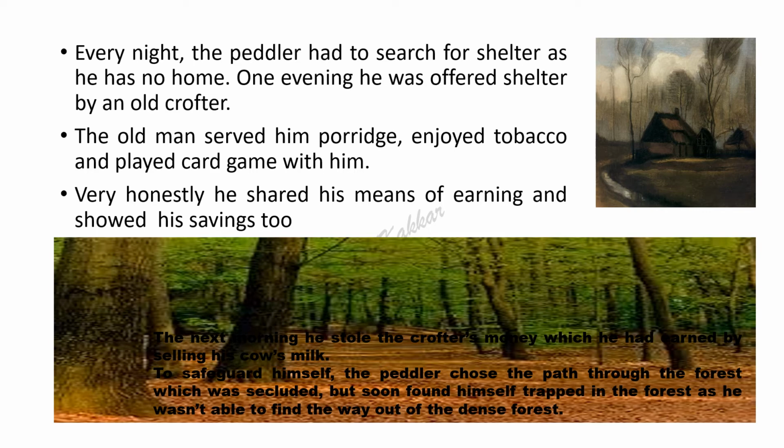This man was so innocent that he very honestly shared with him his earnings, his livelihood, how he was earning, what he was doing in the past, where he was working, and what he is doing now. He shares how he sells the milk of the cow and earns money, and how much he has saved.